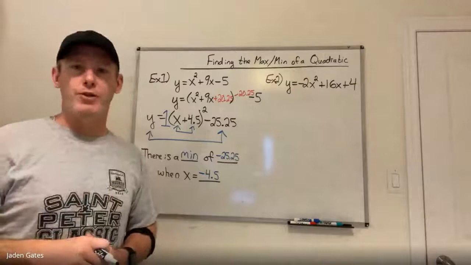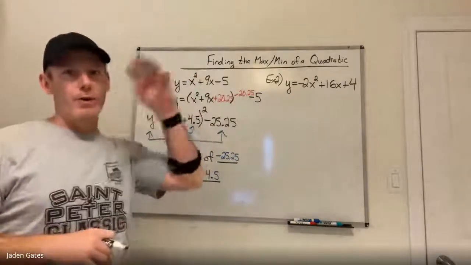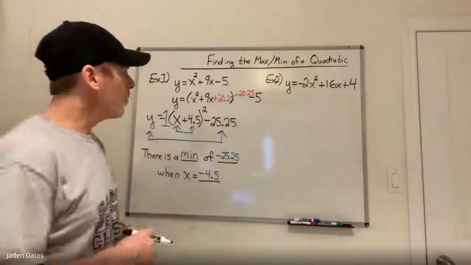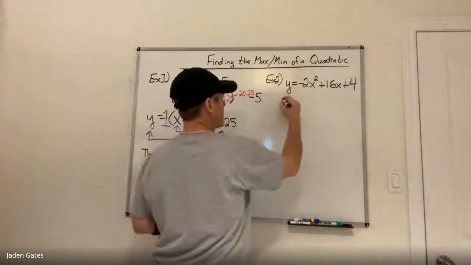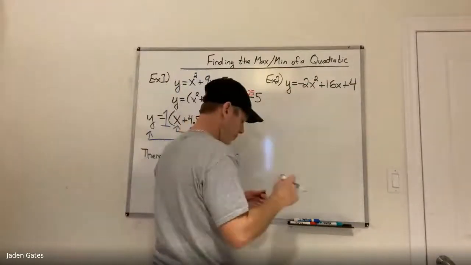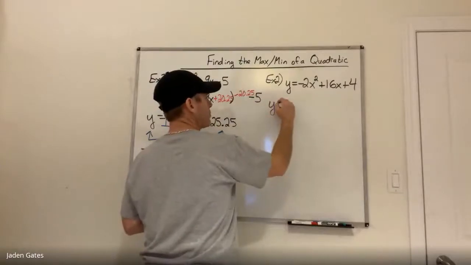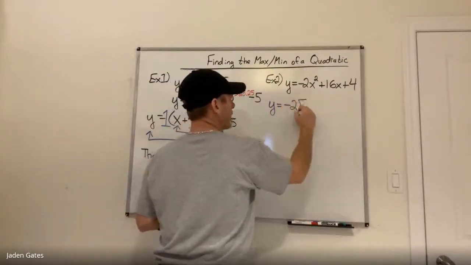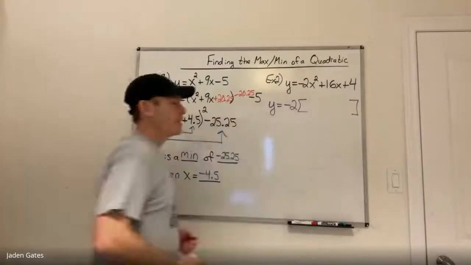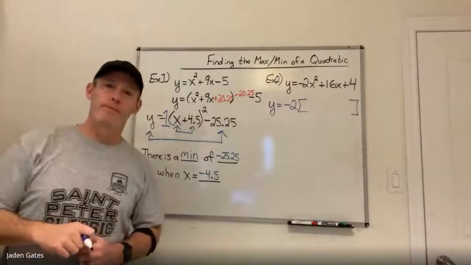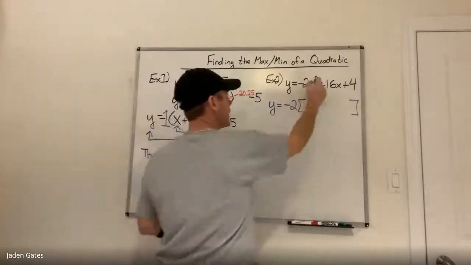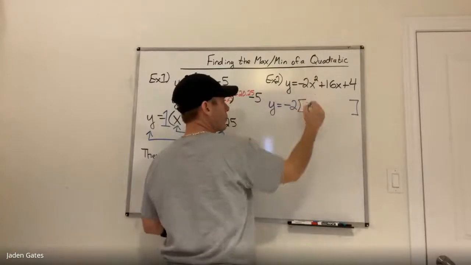We have those 2 extra steps, taking a factor out and then putting it back in. And so I'm going to factor out this negative 2. Let's use a different color here so we don't mess things up. So we have y equals factoring out the negative 2, which means, again, dividing every single term by negative 2. All right, so negative 2x squared divided by negative 2.